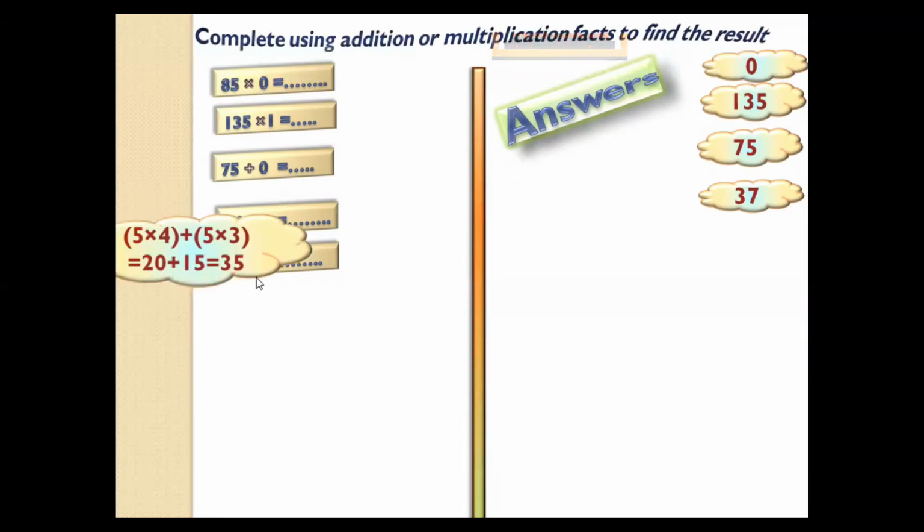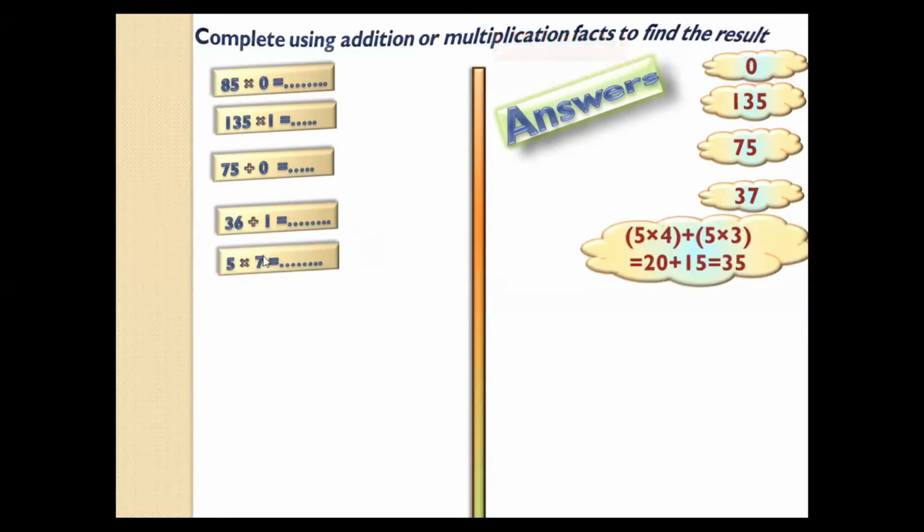5 by 7. Here we can break apart number 7 into two parts because 7 here is a big number.